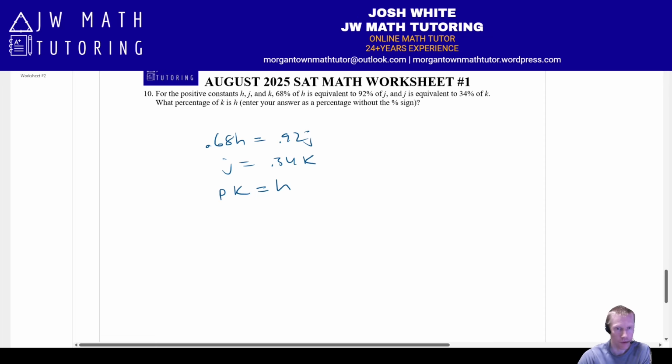You could take the first one and solve it for j by dividing by 0.92.